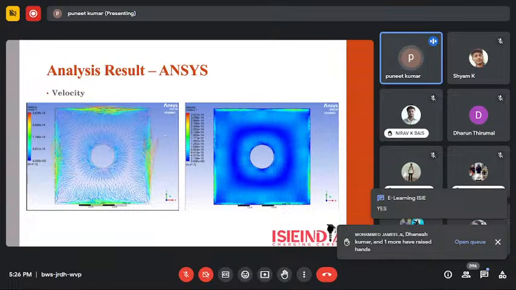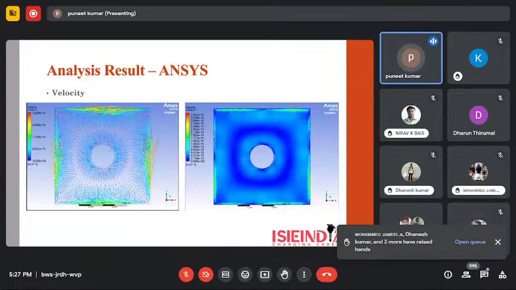So yes, analysis result. We were discussing velocity. The velocity graph helps us understand how the heat is dissipated. Once the heat dissipates, you see these edges have a bit of a yellowish and greenish color. On this graph, it is towards the unsafe area, not exactly unsafe.